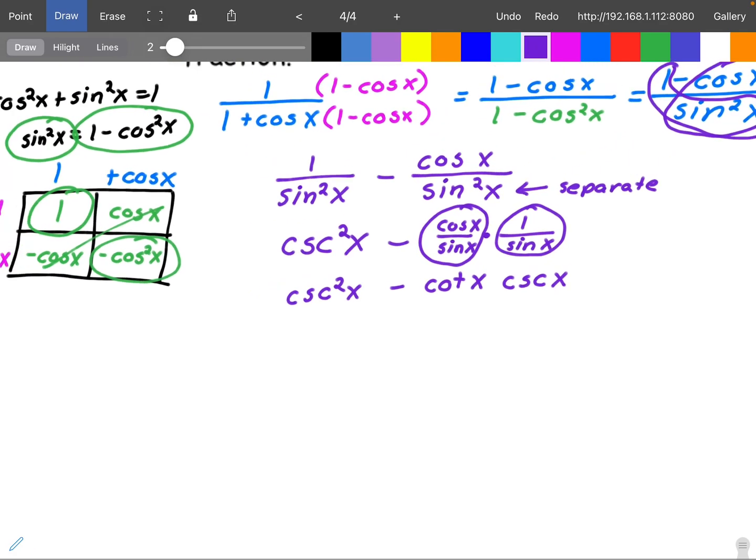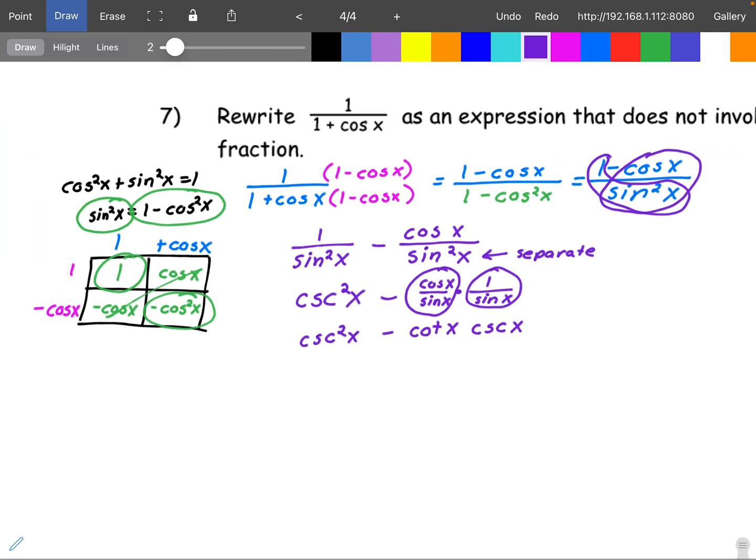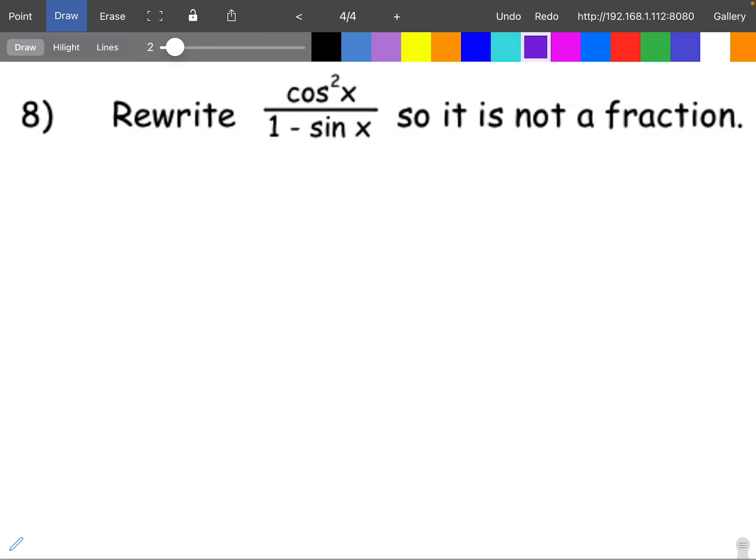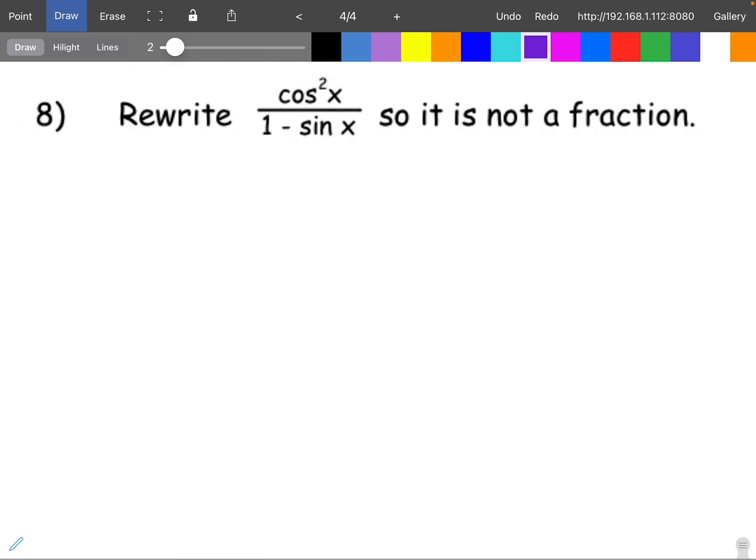Alrighty, let's take a look at one more, and it's going to work similar to what number 7 did. So for number 8, notice on the bottom I have 1 minus sine x. I know from number 7 that I can multiply by the conjugate of that, and it will give me a version of my Pythagorean identity in the denominator, which is what I want to do.